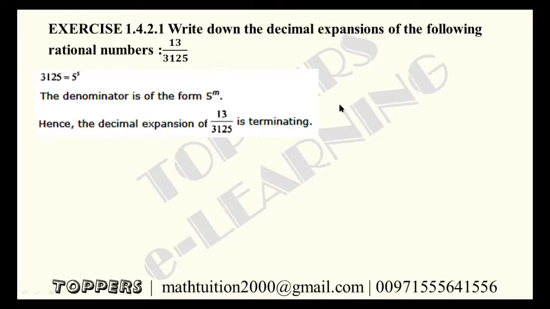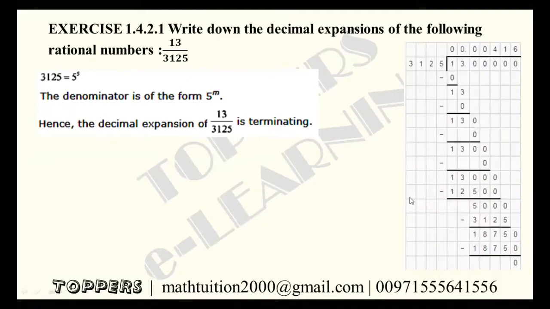How can we do the division? Let us do the division: 13 divided by 3125, using our traditional method.